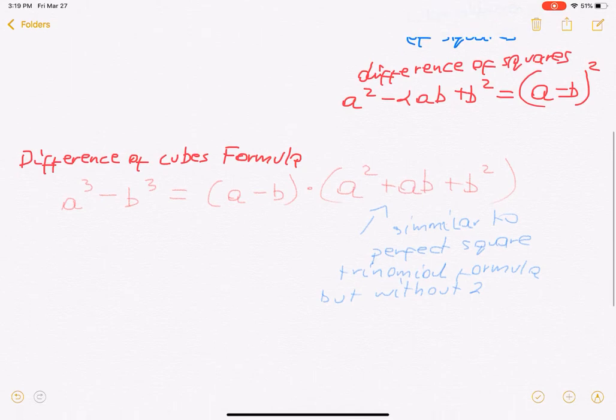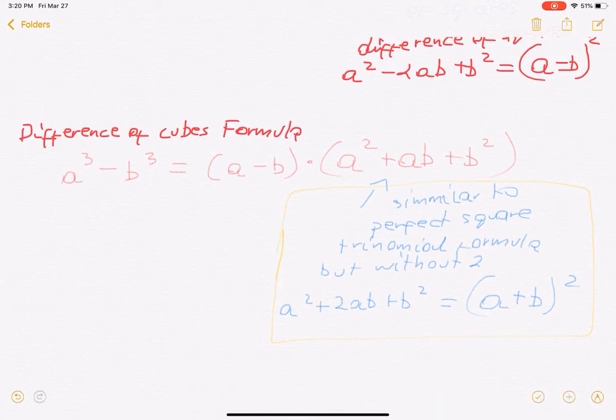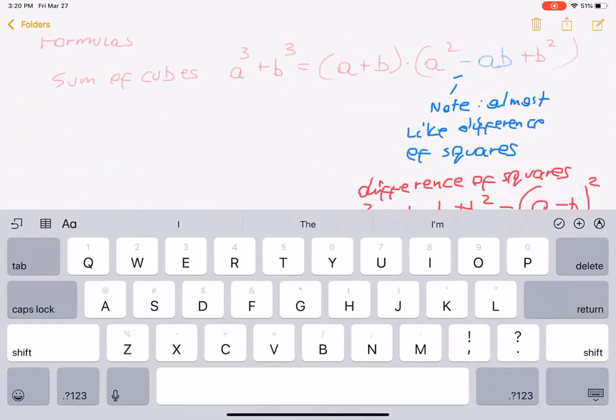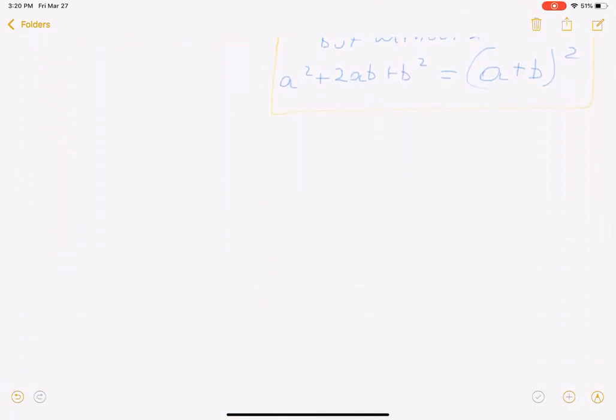Okay, so let's just review that. We had a squared plus 2ab plus b squared. This is the same as a plus b to a second power. Okay, so that's what we did in the previous section. So two formulas which we need to remember, memorize. Let's just do the examples.